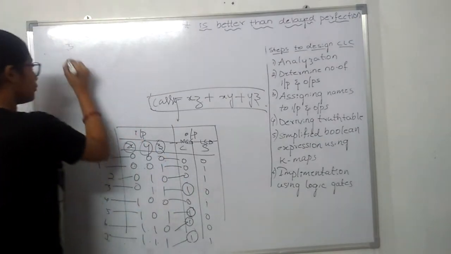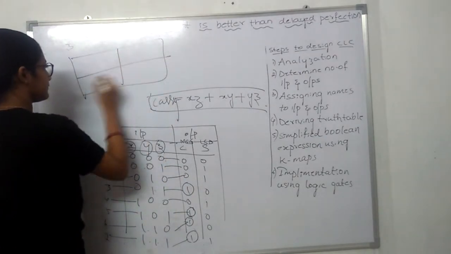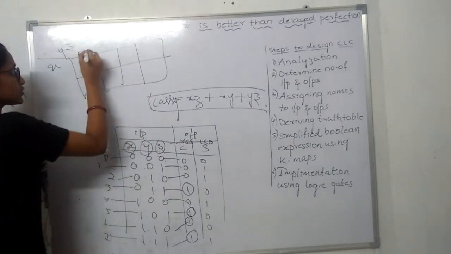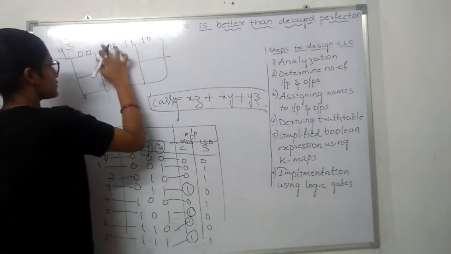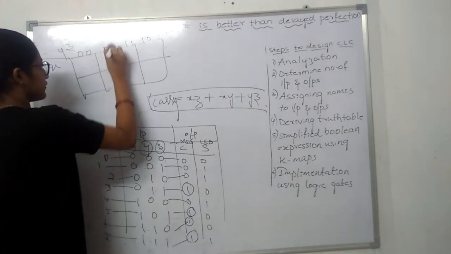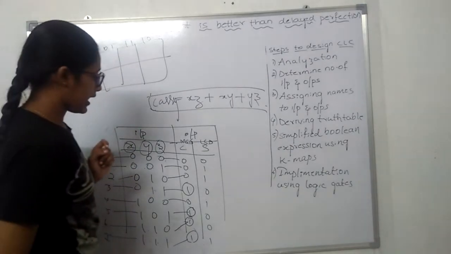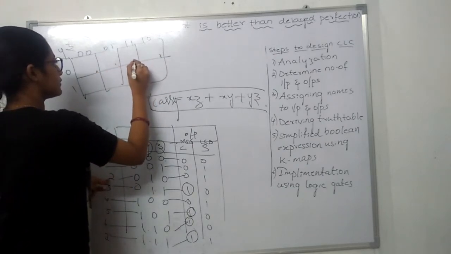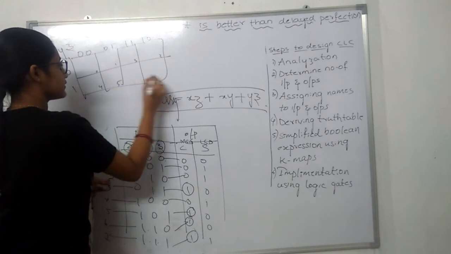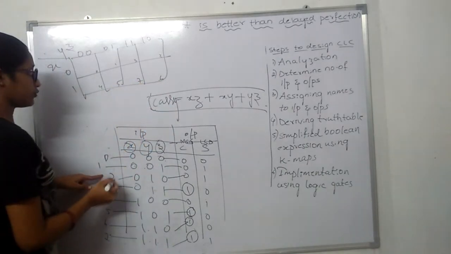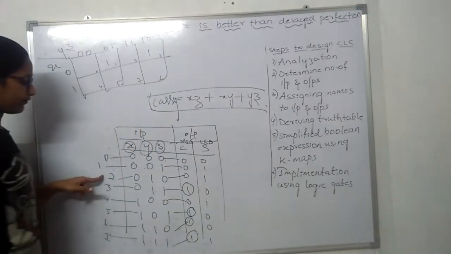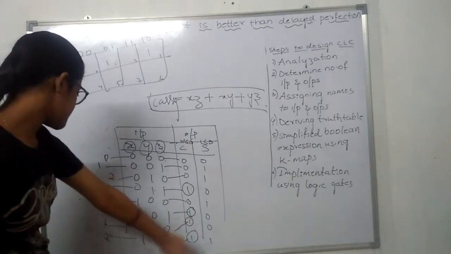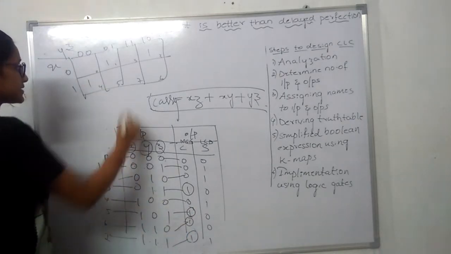For the same, we have to get the 8 cells X, Y and Z. Here we have the 1 positions at the first and second, and then at position 4 and at position 7.